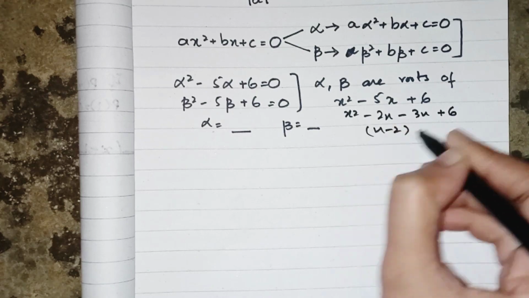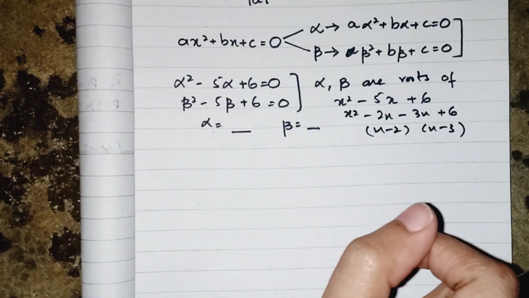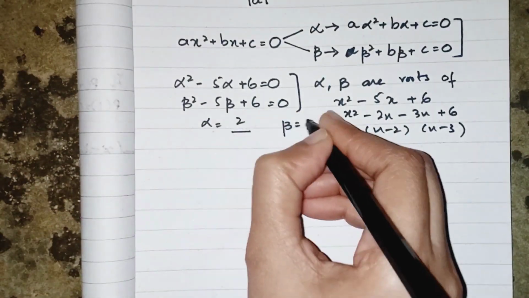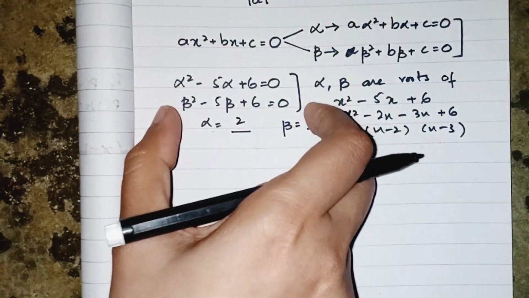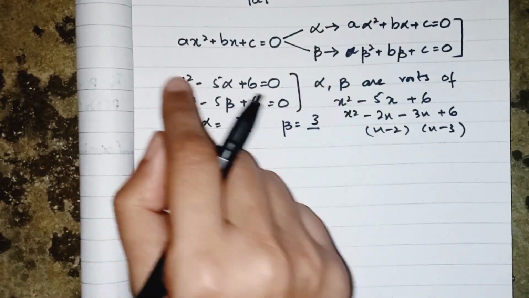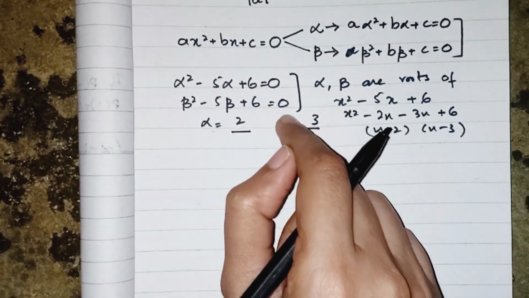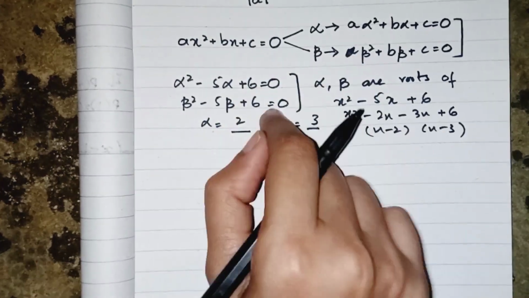So we can say that x minus 2 and x minus 3 are factors of the given equation. So alpha should be 2 and beta will be 3. We have to focus that alpha and beta are the roots of the equation, but we have to derive the equation for which these are the roots.